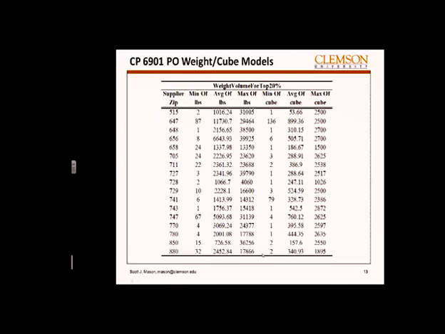When we do this, we can do some historical analysis looking at the different supplier zips, and we can get values of the minimum, the average, and the maximum for the poundage on a truck. We can look at the minimum, maximum, and most likely value of the cube on a truck.